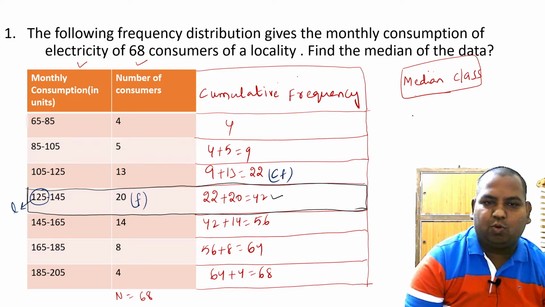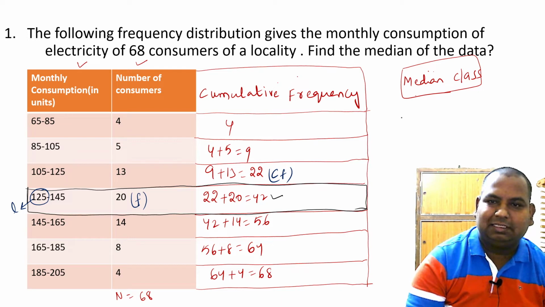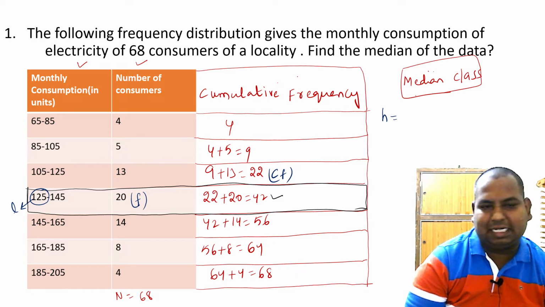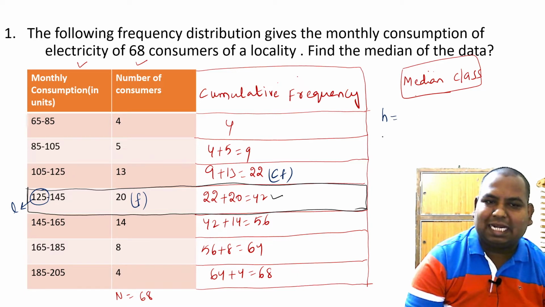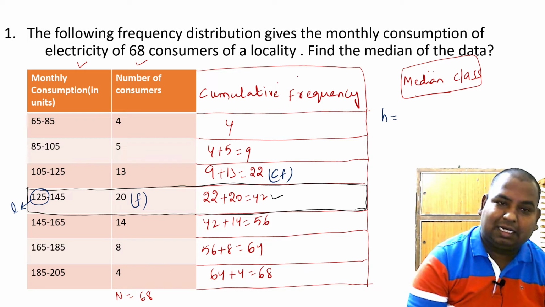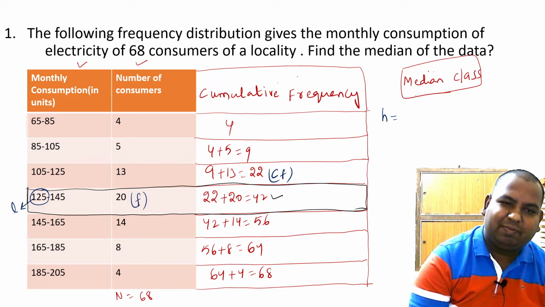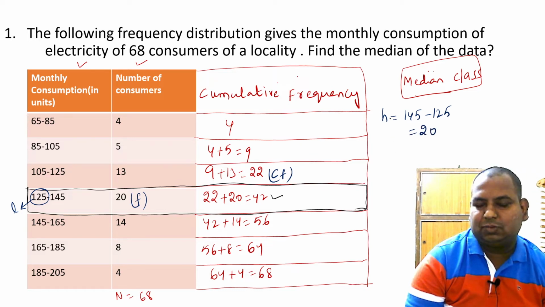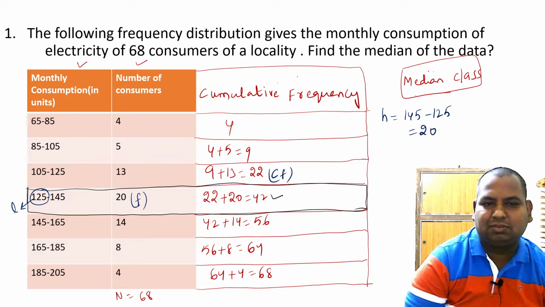Next, we need to find the class size. H is the class size of the median class. Class size is nothing but the upper limit of the median class minus the lower limit of the median class. So the upper limit is 145, the lower limit is 125, and the difference is 20. So by this we found all the required values to calculate the median.